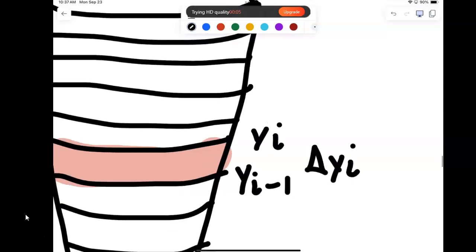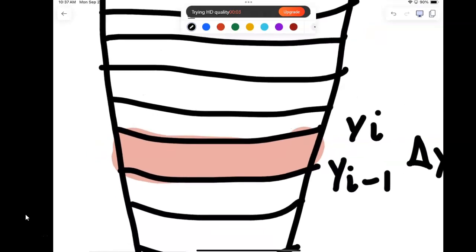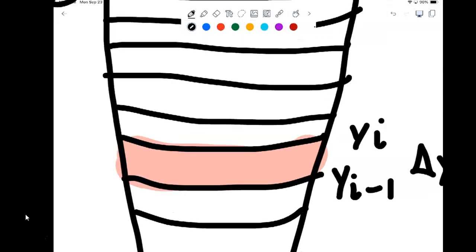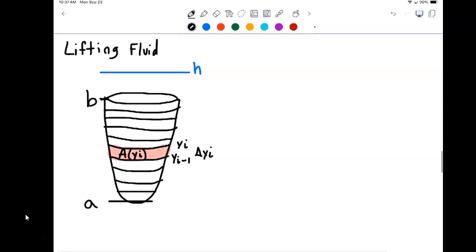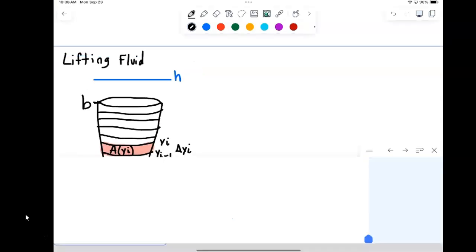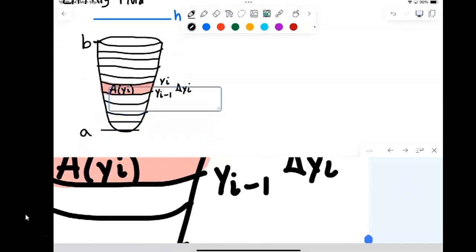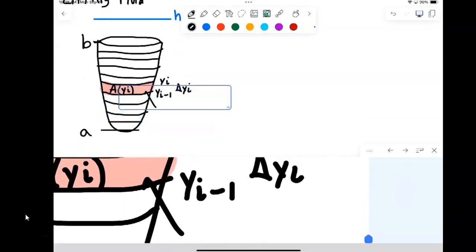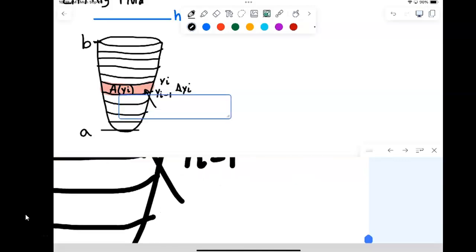Right? And what we do is we say, well, it's not exactly a solid, but we can just think of this as some area for that cross section. So what we're looking at here is the area of the cross section.